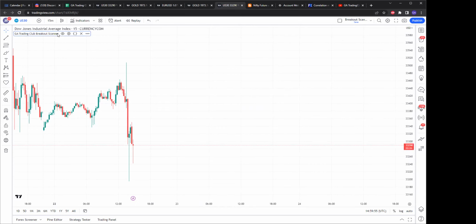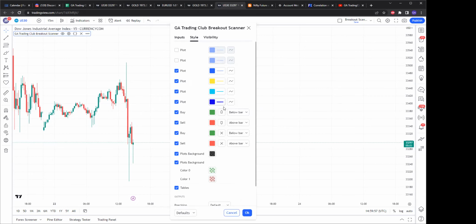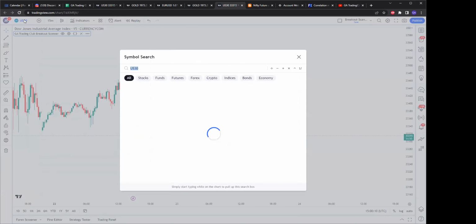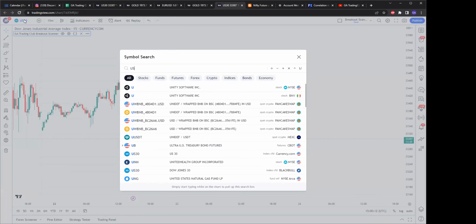I don't know what's up with this. Yeah, I thought it was just me. I was having the same issue with the table populating on the breakout scanner. I removed it on a couple and then re-added it, and it's that little red X. So figured I'd mention that to you.